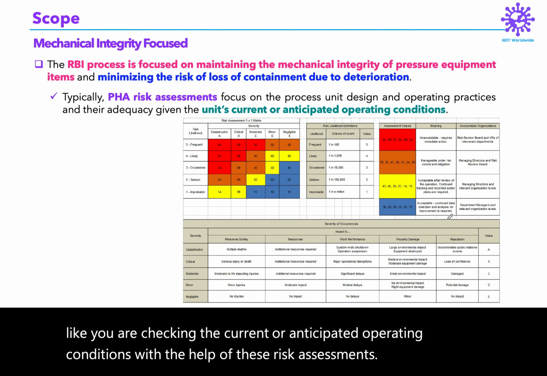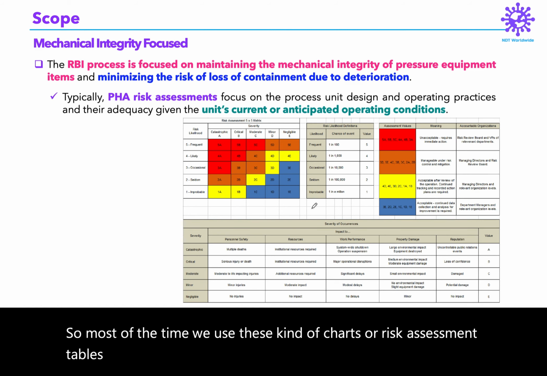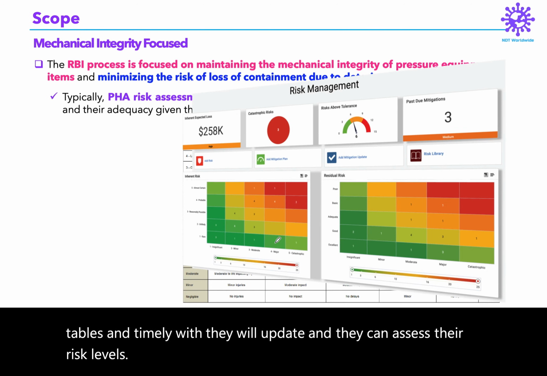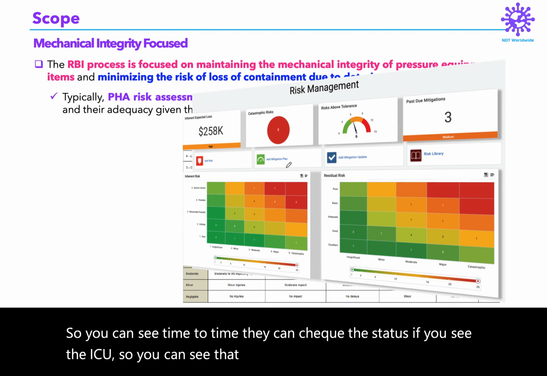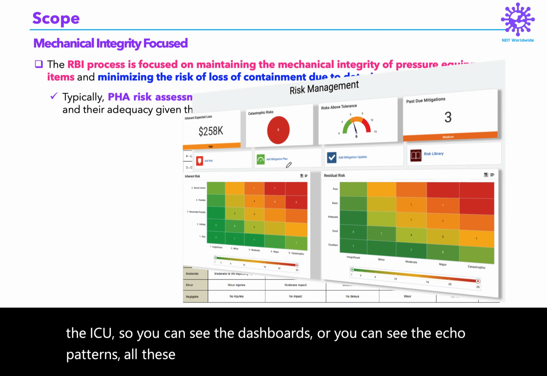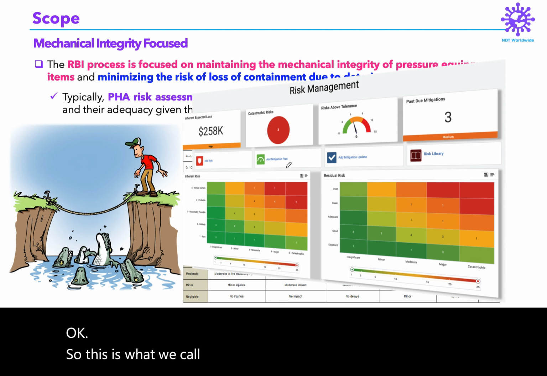Most of the time we use these kinds of charts or risk assessment tables, and they update them in time and can assess the risk levels. So you can see, time to time they can check the status. If you see the ICU, you can see the dashboards or the echo patterns, all these things. Based on that they can assess the patient condition. Okay, so this is what we call process hazard analysis.